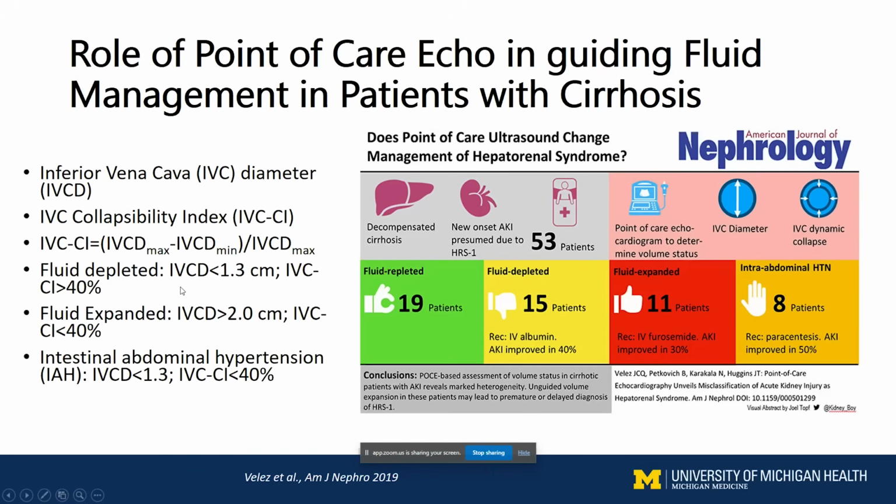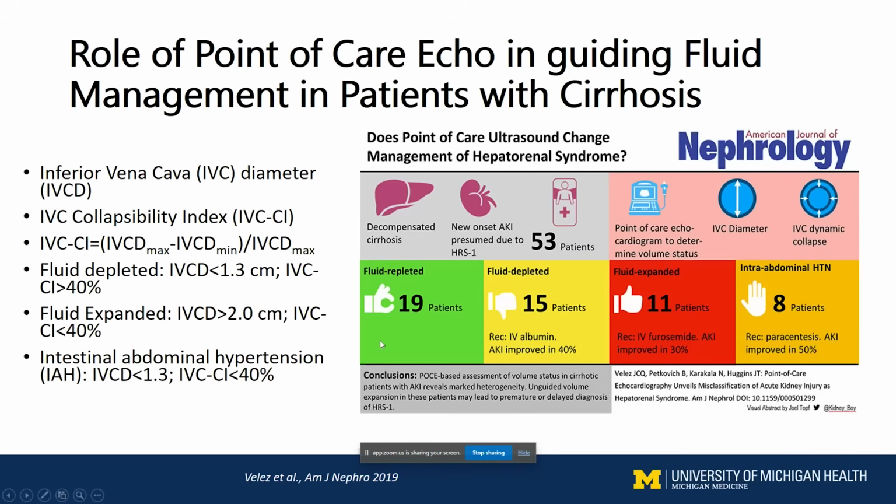They did this point of care echo before the patient received the fluid and after. All these patients received 1 gram per kg body weight of albumin for 2 days.